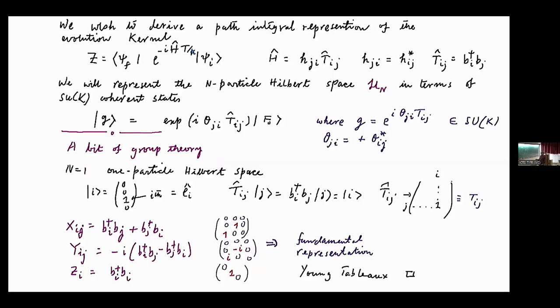N equal to 1 corresponds to the fundamental representation of SU(K), because there are just K possible vectors, which corresponds to placing the fermion, the occupied state, being here, here, or here, and there. That's K.